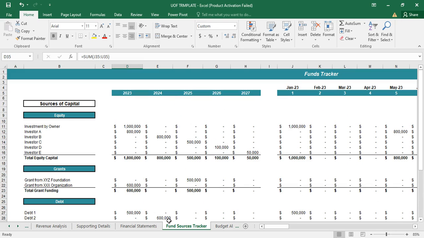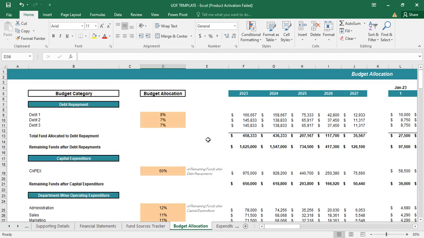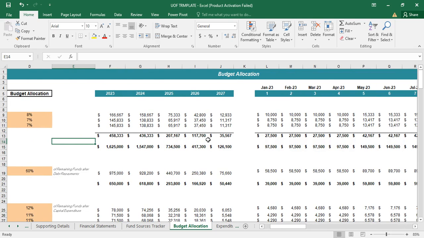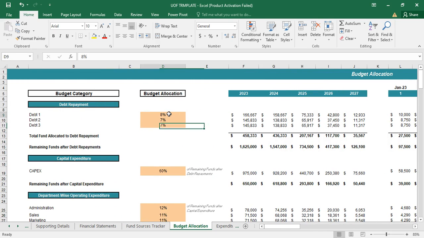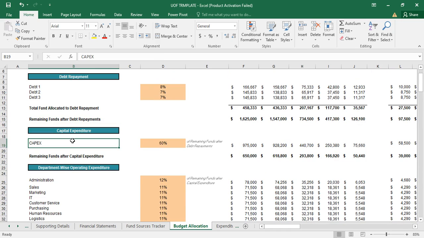In the next tracker, this is regarding the budget allocation. Now here we have allocated a certain percentage of the total monthly funds to each of our budget categories. Now this is done on the priority basis. First of all, we have given priority to debt repayments. Once we have allocated a certain percentage of funds to the debt repayments, the remaining fund is being allocated to capital expenditure.